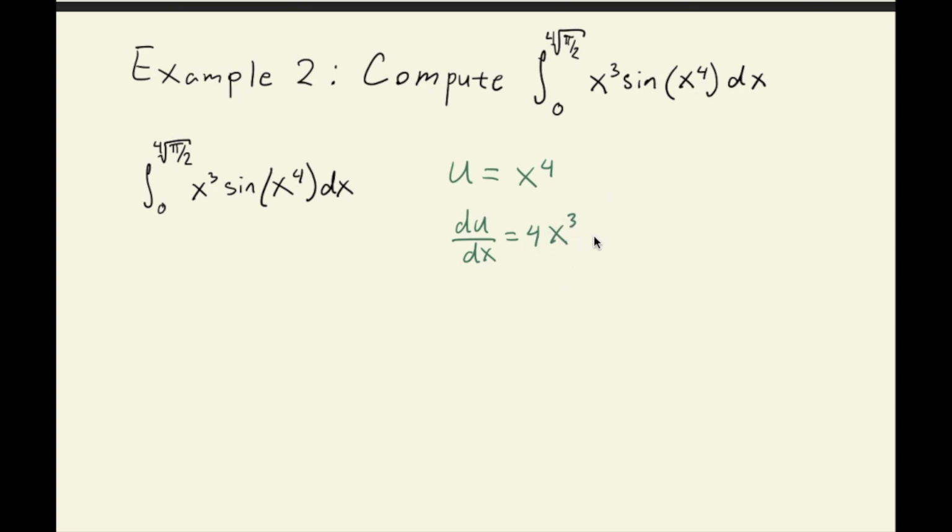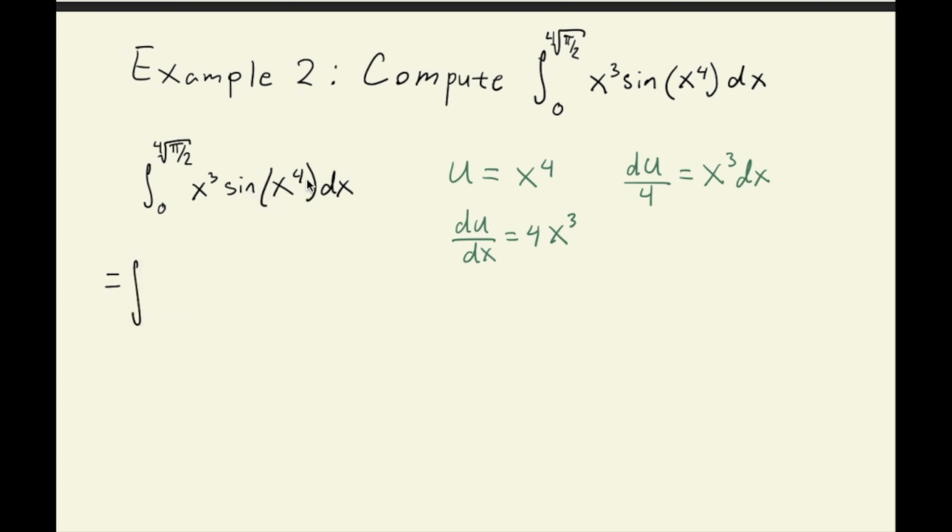Okay, and so multiplying by dx on both sides, and I'm going to also divide by 4 on both sides, you get du over 4, right, dividing by 4, is equal to x cubed dx. Okay? So if we use these identities here, this is going to be equal to the integral.